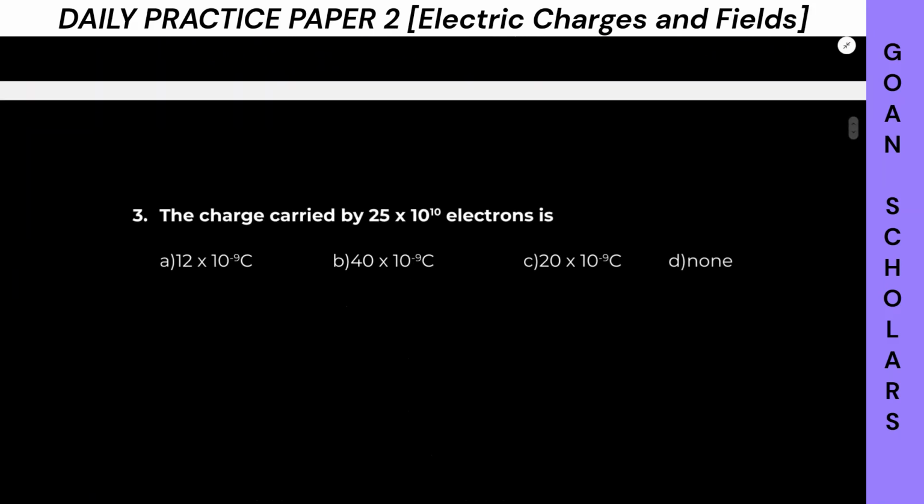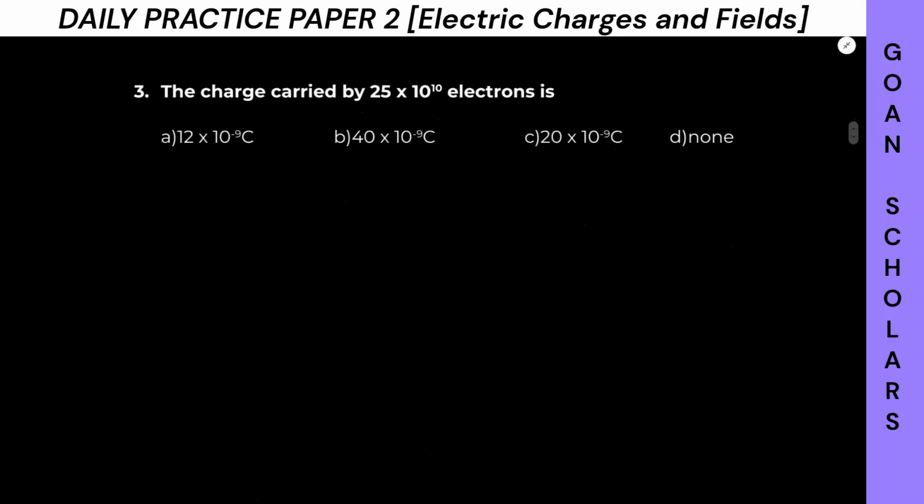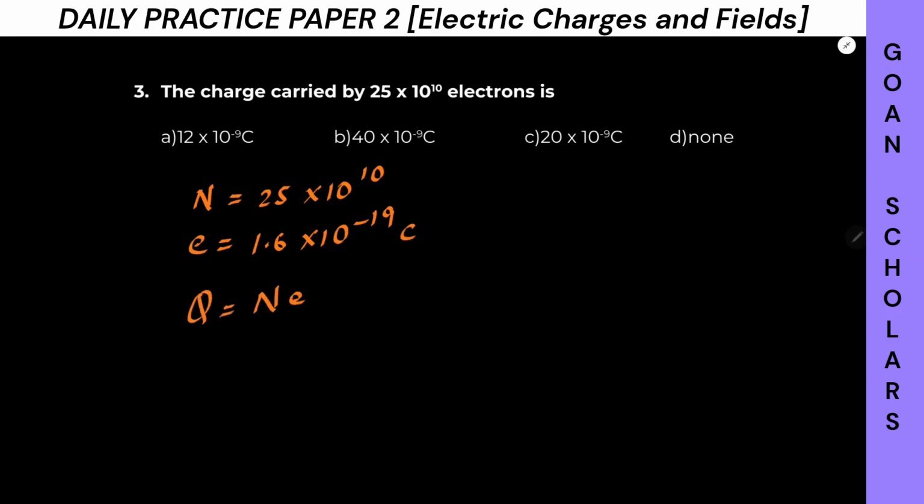Let's move to question number 3. Question 3 says we have to find the charge carried by a given number of electrons. What is the number of electrons? The number of electrons here is 25 into 10 raised to 10. Correct? And what is the charge on a single electron? 1.6 into 10 raised to minus 19 coulomb, right? So Q equals simply N E. N is 25 into 10 raised to 10.